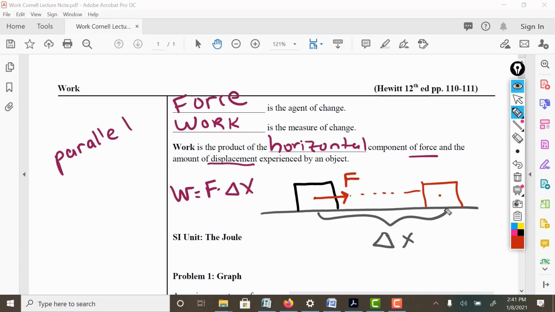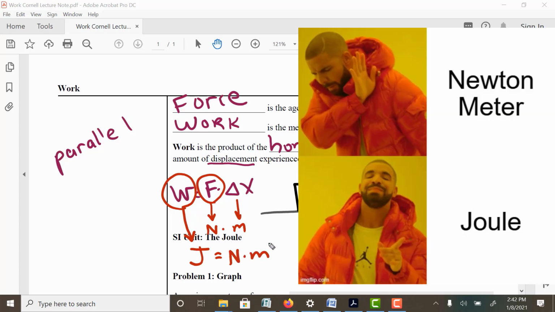So there was work done on the object by the force. We have this new formula, of course, and the unit for force is a Newton. The unit for displacement is a meter. So I propose to you that a joule, the unit for work, is equal to a Newton meter. In other words, anytime you see a Newton meter, it's the same as a joule.